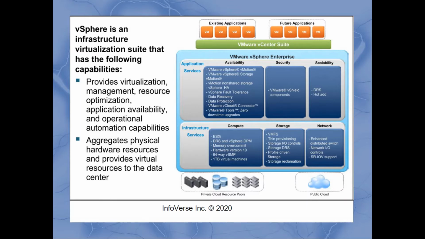DRS allows us to balance the virtual environment. So as an example, if we start off with a host with 40 VMs, the other host with 20 VMs, evidently assuming both the hosts are of the same configuration, this is an unbalanced configuration.